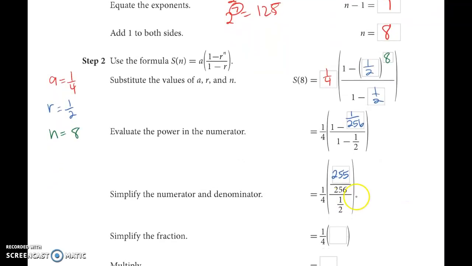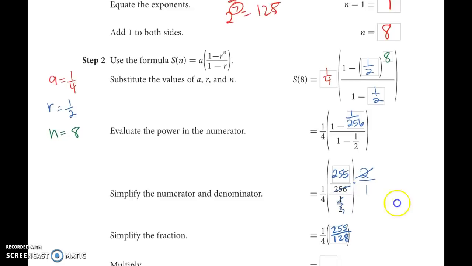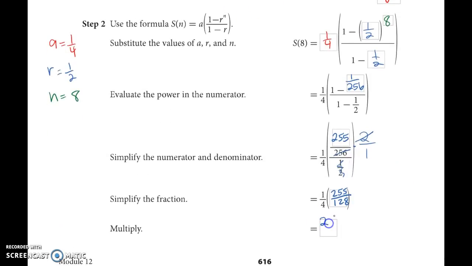With freeze, change, flip here, I'd multiply by 2 over 1. 2 goes into 256 128 times, so I get 255 over 128. Now I multiply straight across and get 255 over 4 times 128, which is 512.